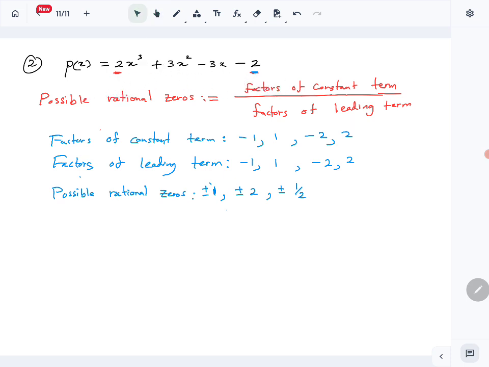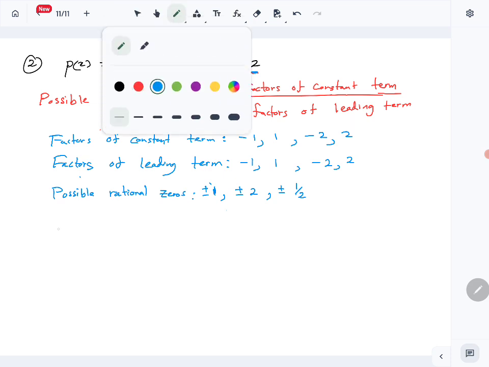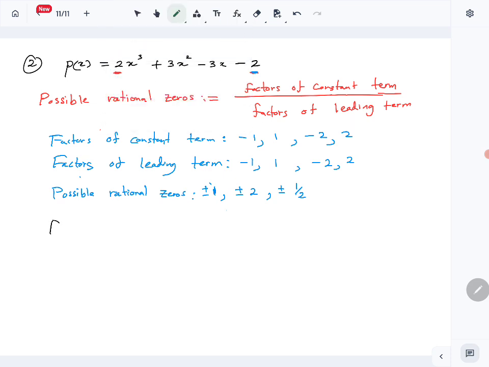So now we are using the factor theorem. I will start with minus 1. Will that work? I'm going to substitute. Minus 1 is a possible zero. Substitute x equals minus 1 into the polynomial. So you get 2(minus 1) cubed plus 3(minus 1) squared minus 3(minus 1) minus 2.